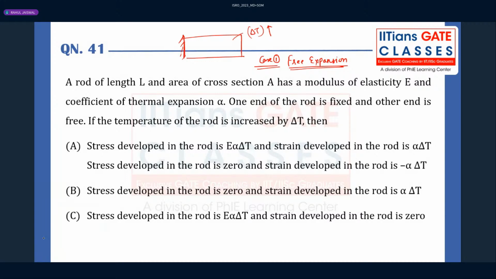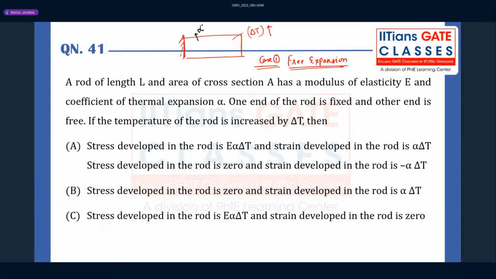Material wants to expand because every material has a coefficient of thermal expansion alpha. That is a property of the material. When you change the temperature, because of alpha, it will try to contract or expand. That is a property that you cannot stop.